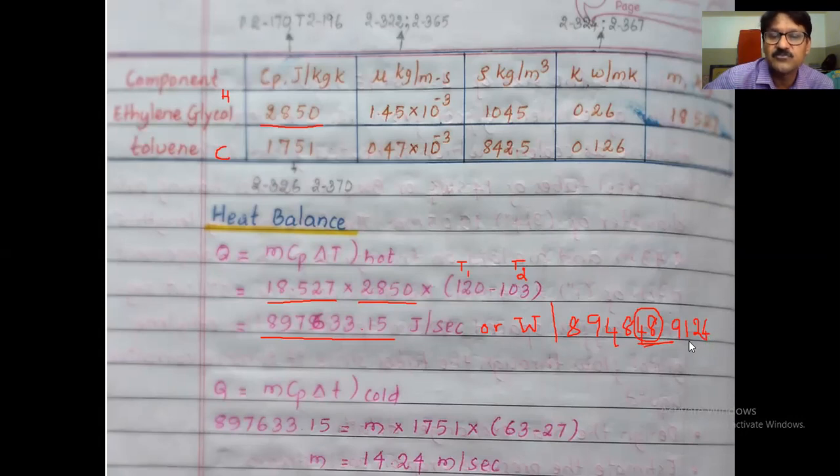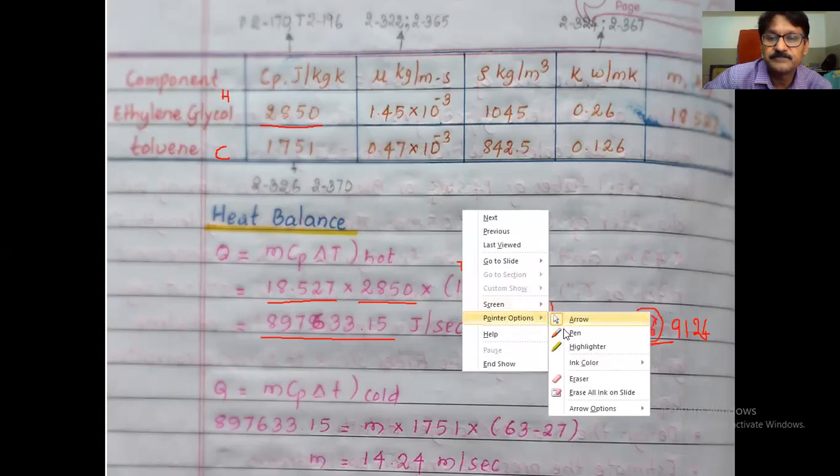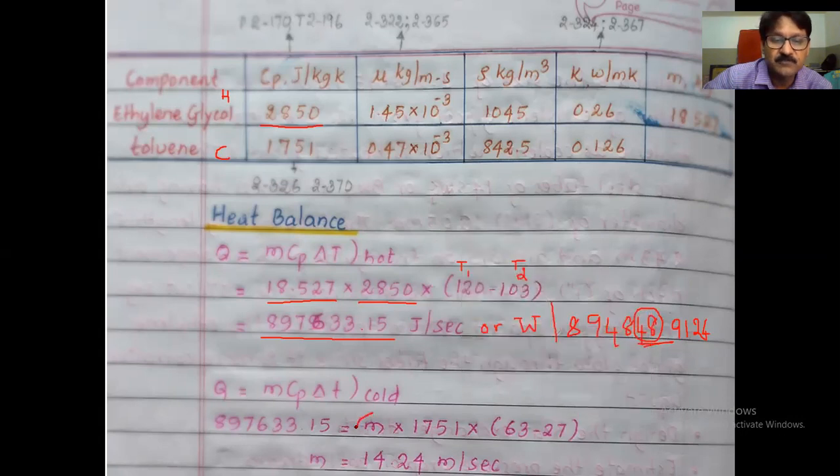You write this equal to, you want to calculate the mass flow rate of the cold fluid. This is not given, so I am writing m. You have already calculated Q. I am writing Cp of cold is 1751 into T2 minus T1.